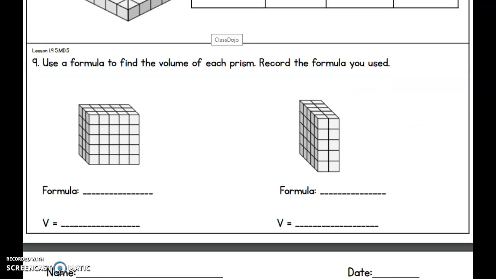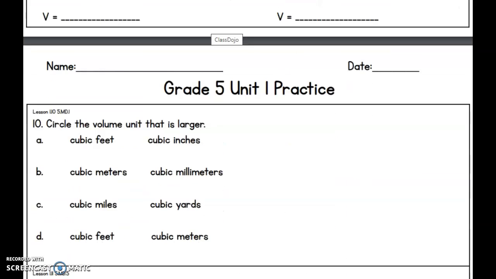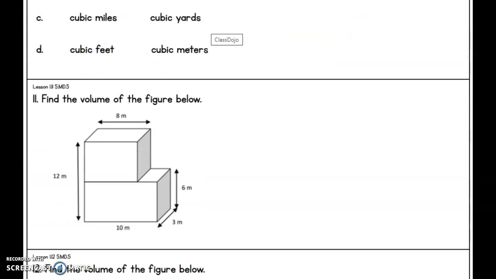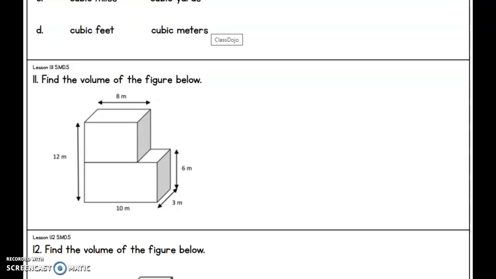Then you're going to use the formula to find the volume of each prism. Friendly reminder that we can find the volume by multiplying length times width times height, or area of the base times the height. And then for number 10, you're simply circling which one is larger. Number 11 is a little bit tricky, but as a friendly reminder, if I'm looking over here at this side, it is going to have the same height overall as this side.